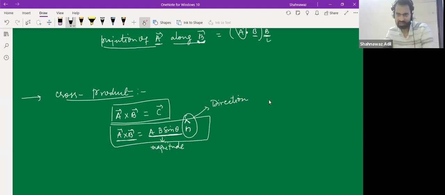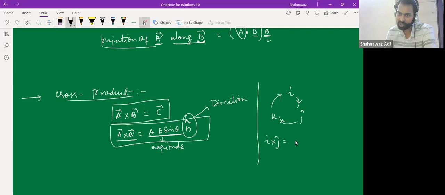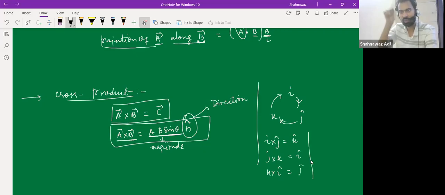And I will just write the cyclic thing that we use. So we have this i, this j, this k, and this goes like this. So whenever we calculate i cross j, this would be k, j cross k would be i, and k cross i would be j. This is cyclic, right?